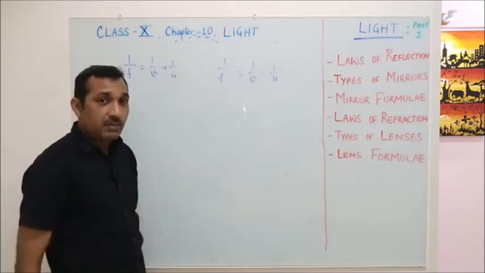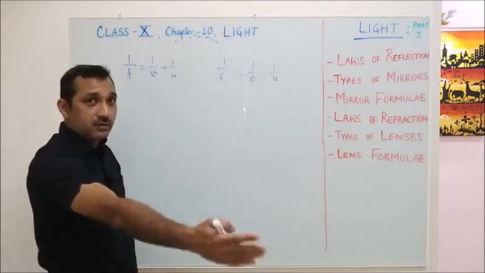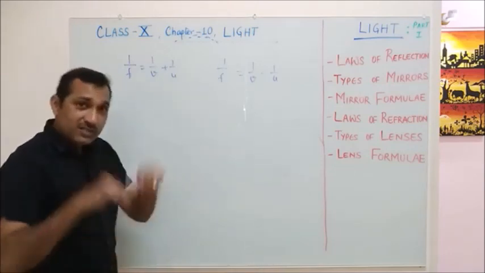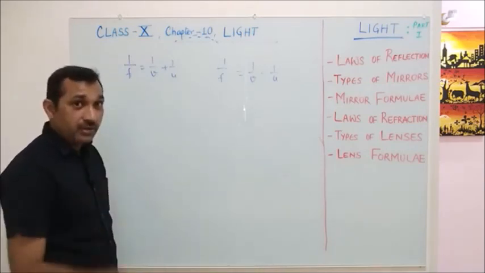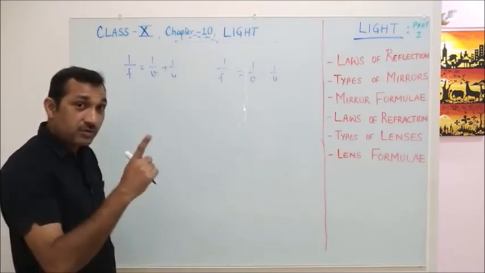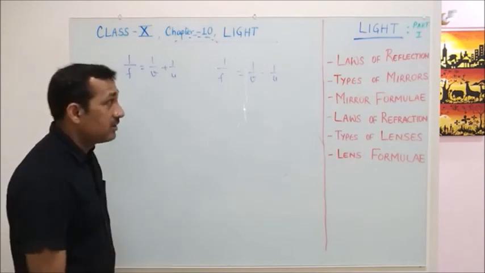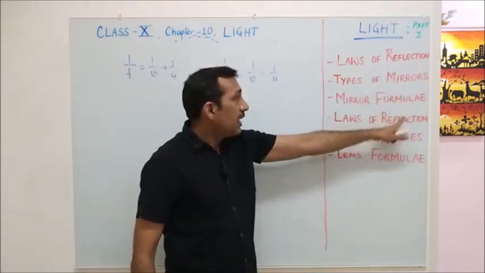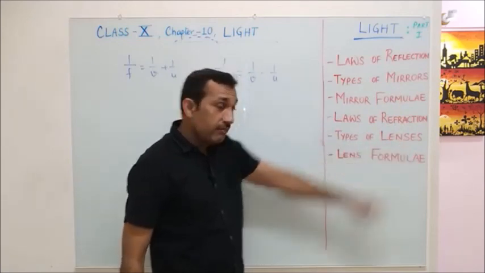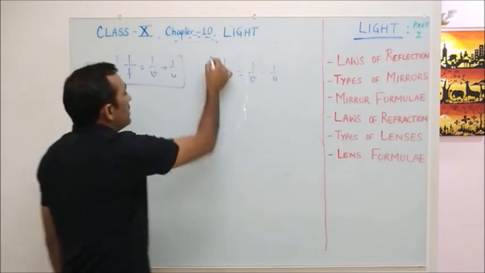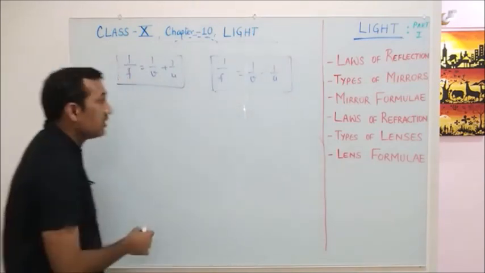So always remember, we go plus to minus, first plus, then minus. What did we study first? Mirror. So the first formula is plus, and we studied the mirror first, and then we went to lens. So the first formula is plus and the second is minus.